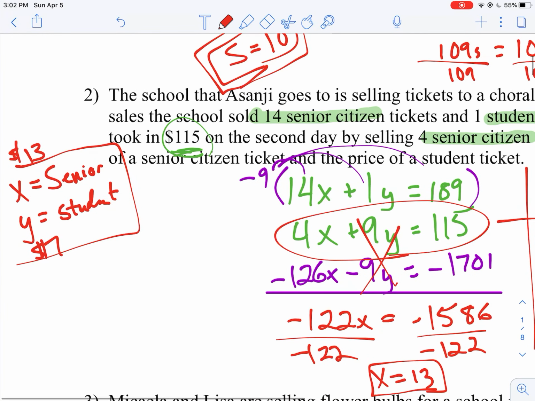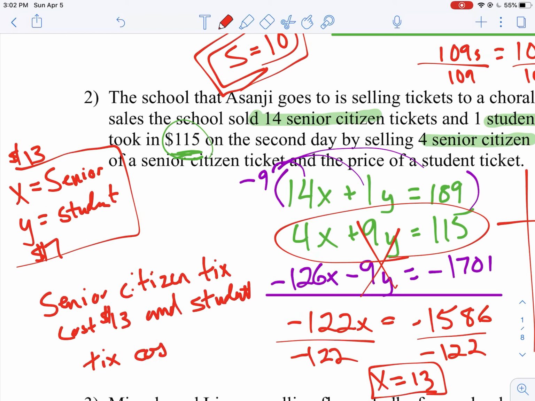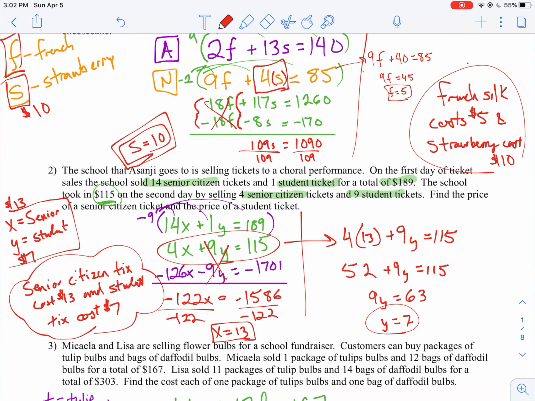I'm going to say senior citizen tickets cost $13, and student tickets cost $7. Boom. Answer.